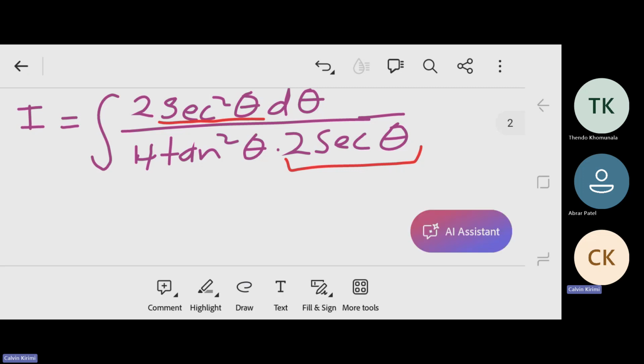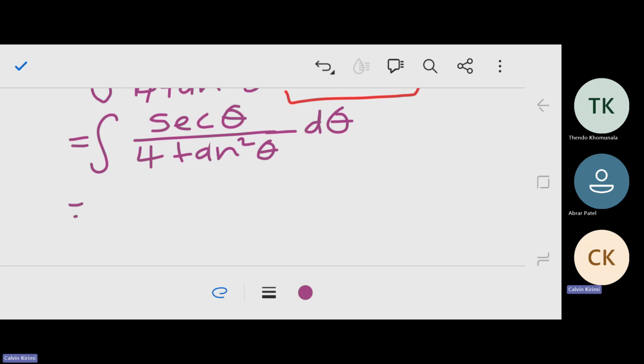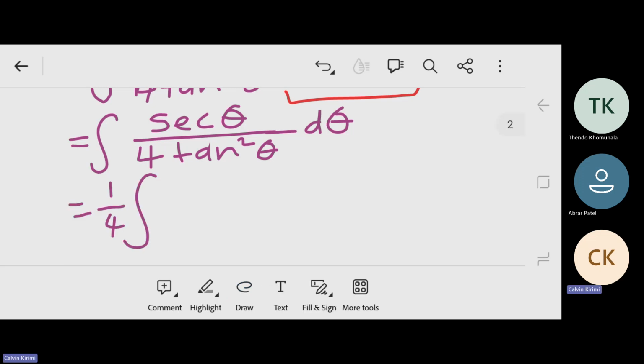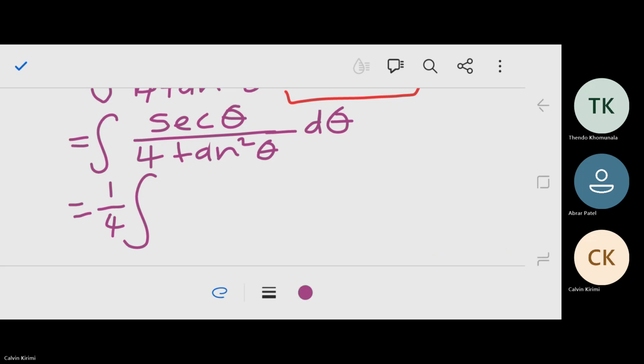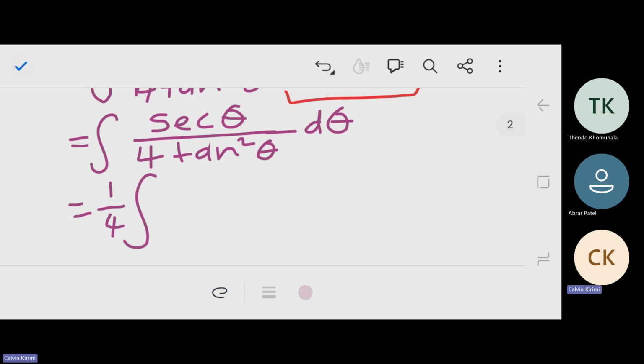You can put the quarter outside of the integral, which is equal to 1 over 4 times the integral of secant theta over tan squared theta d theta.